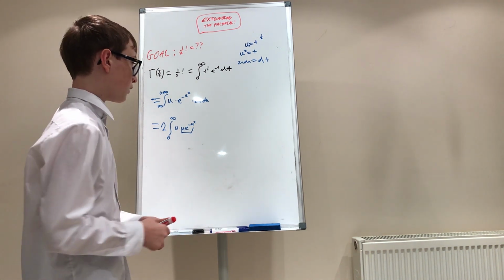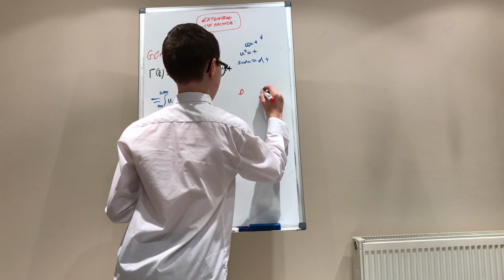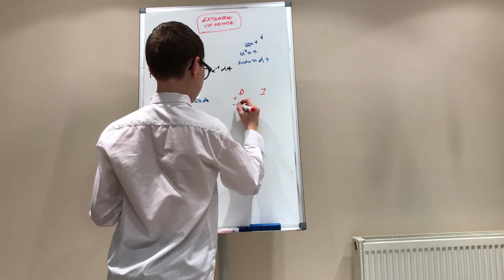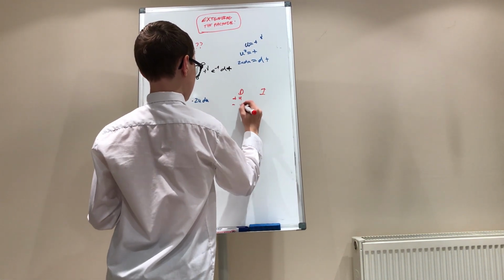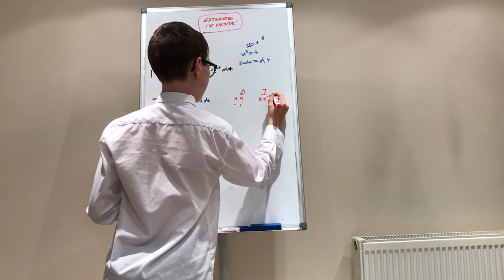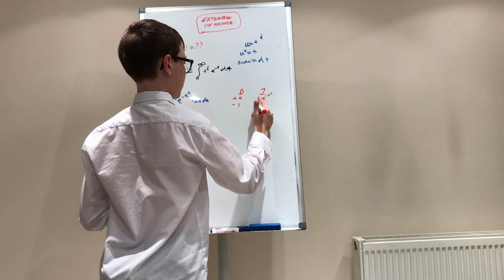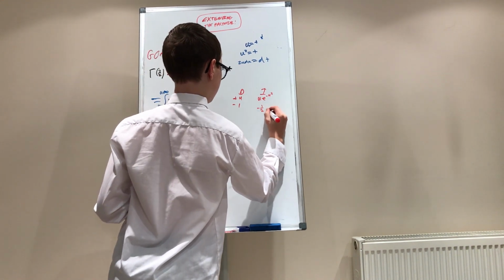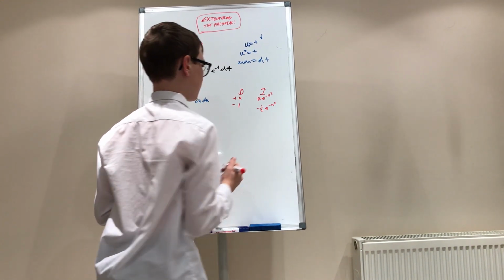So, the DI method, plus minus: u, and u times e to the negative u squared. The integral of this is -1/2 e to the negative u squared.